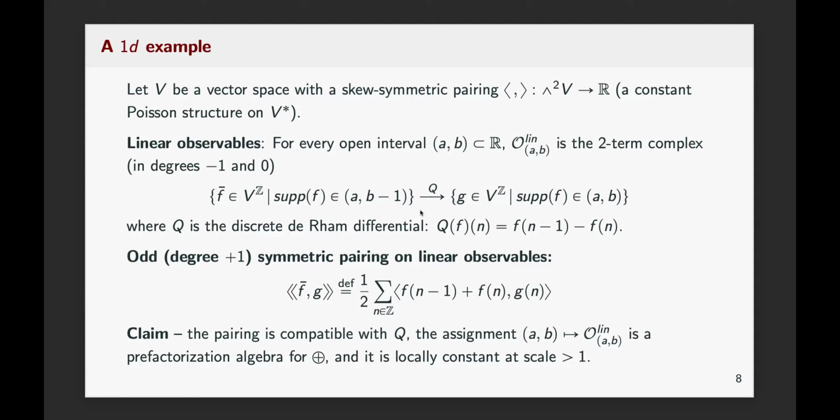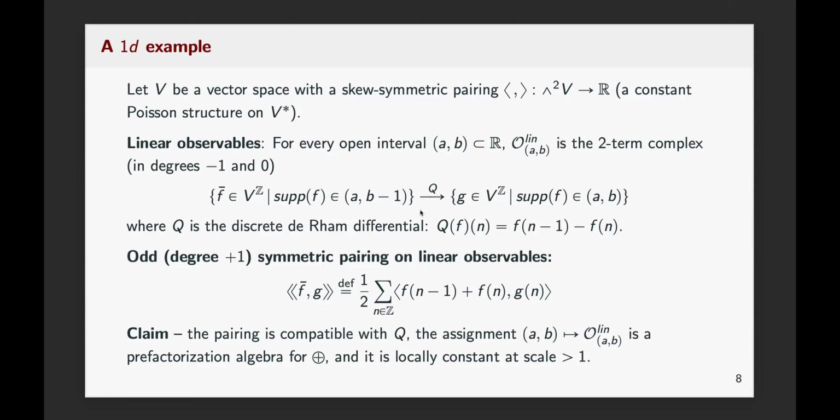If you have a delta function at n, the differential is just delta n plus 1 minus delta n. So it works pretty well. Any function is a linear combination of those things times the vector. Now if the support is between A and B -1, n should be in between A and B -1. Also, I got confused several times with this.